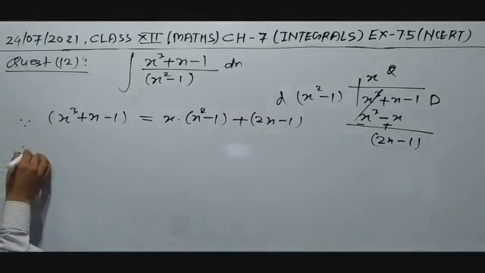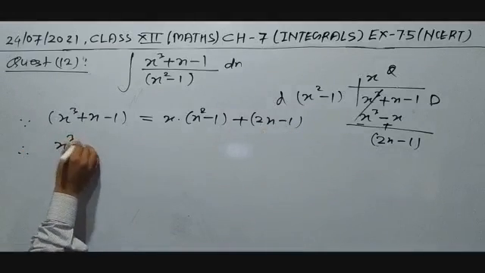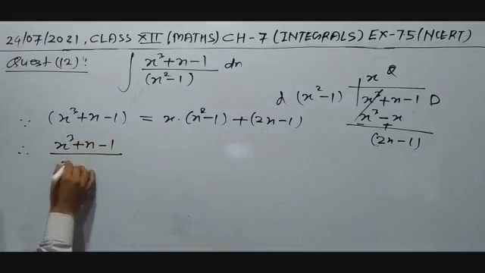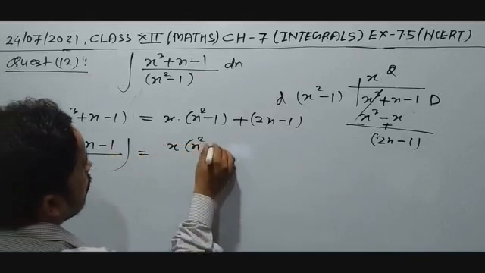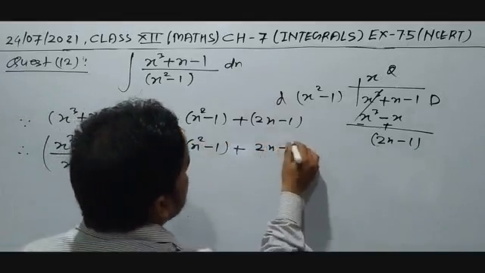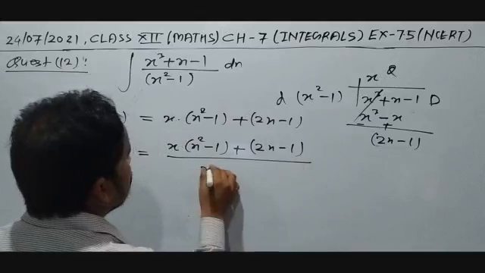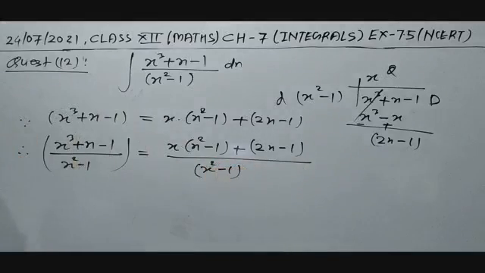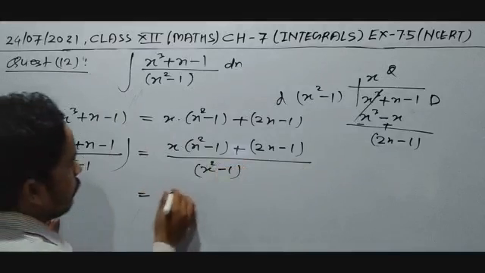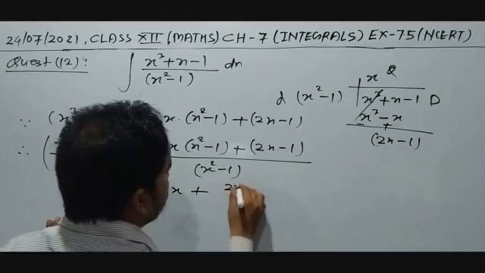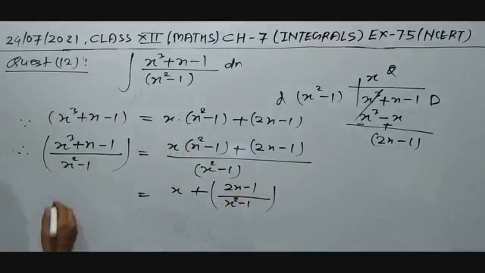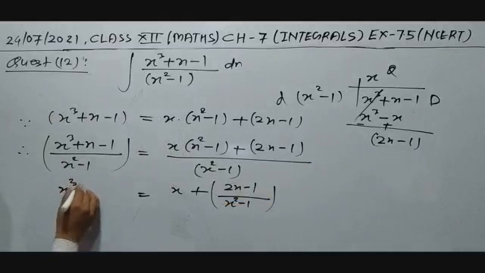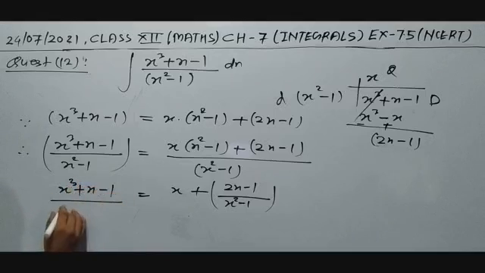Therefore, x cube plus x minus 1 whole upon x square minus 1 can be written as x plus (2x minus 1) whole upon x square minus 1. This is the value of the fraction.